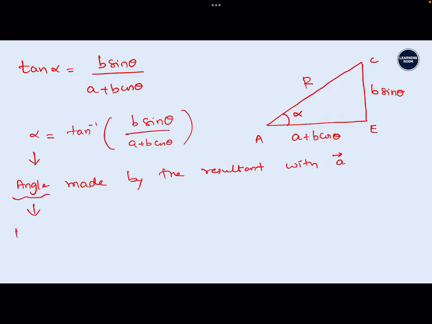So sometimes what they will ask you is, what is the direction of the resultant? When they use the word direction of resultant, indirectly they're asking you, what is the angle made by the resultant with either of the vectors? In this scenario that we have considered, it is the angle made by the resultant with the A vector. Make a note of this.